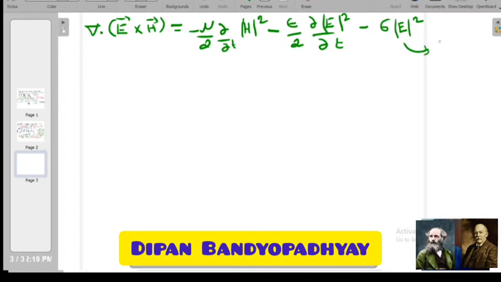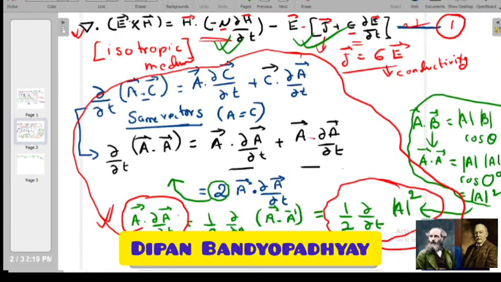Remember, we will be having J, and J is nothing but sigma E. So if you see this, we have a J here, and this J we replaced by sigma E. And we have taken the mu and the permittivity outside, and simply we will be getting this equation.